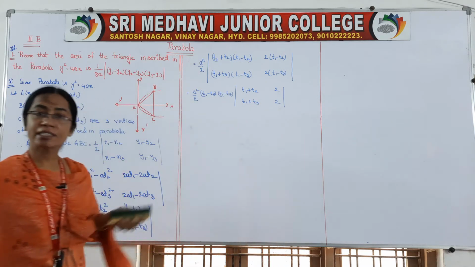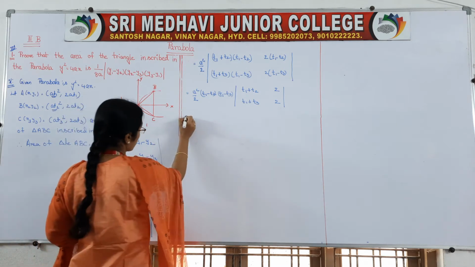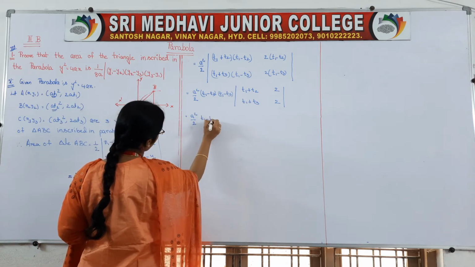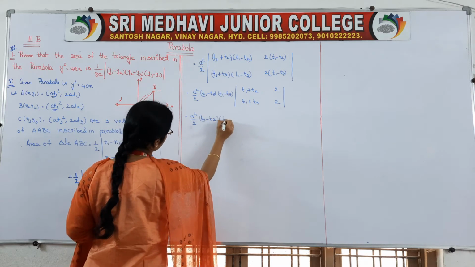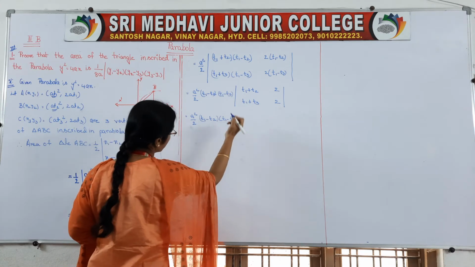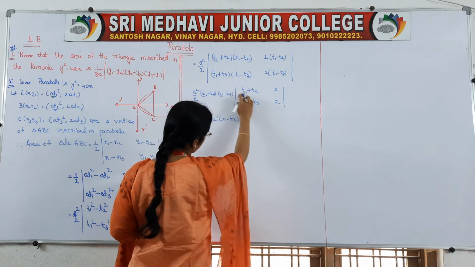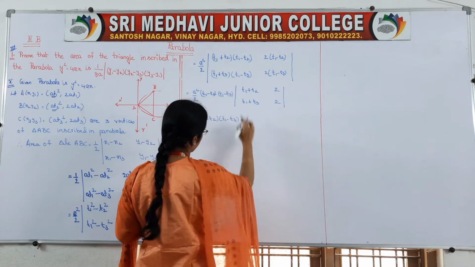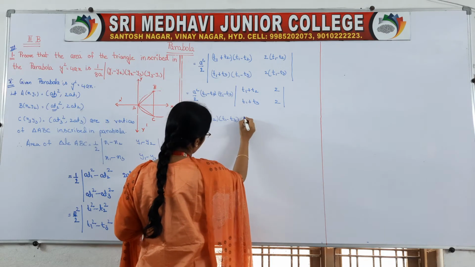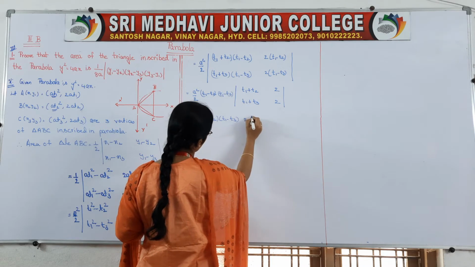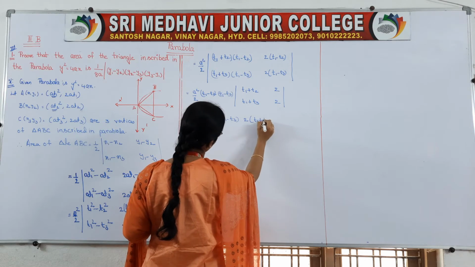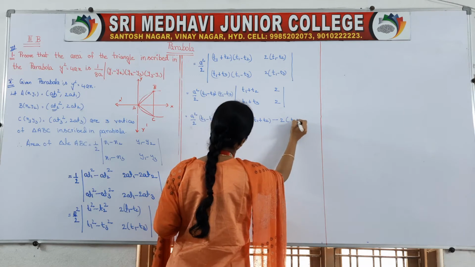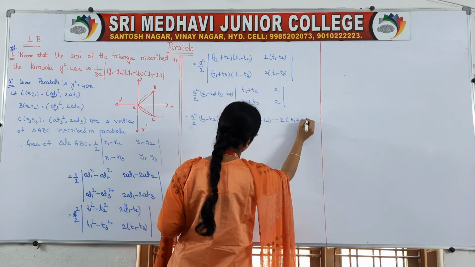Okay, so AD minus BC form, right? So is equal to a square by 2 t1 minus t2 t1 minus t3 into, come on, AD minus BC. How we will take? We will write this as 2 into t1 plus t2 minus 2 into t1 plus t3.